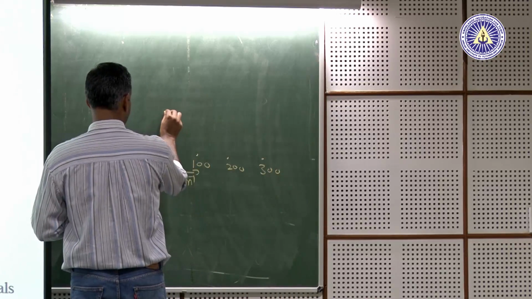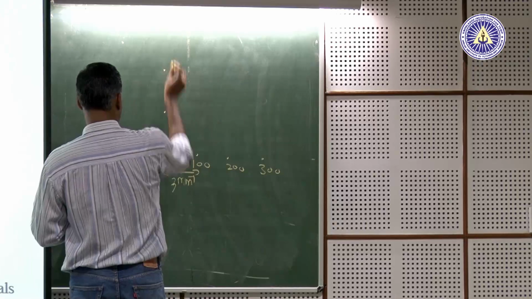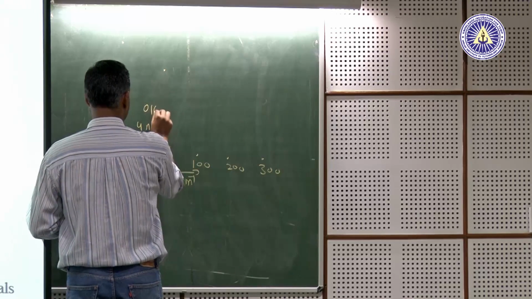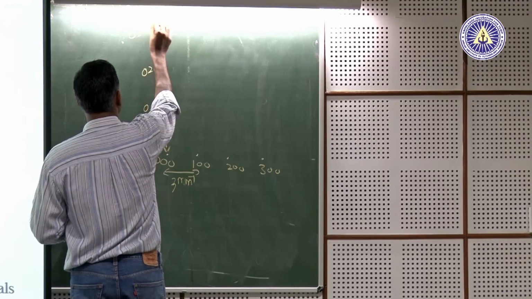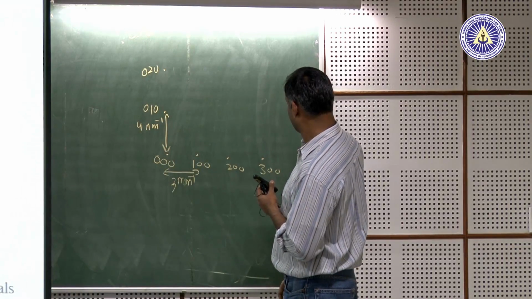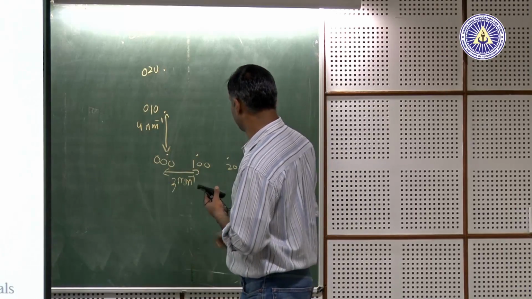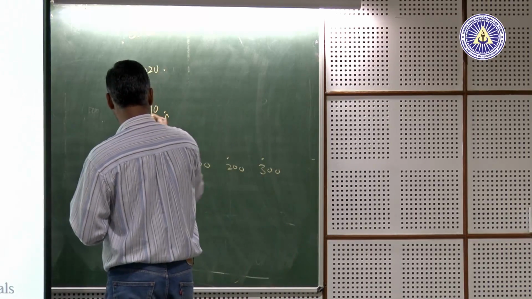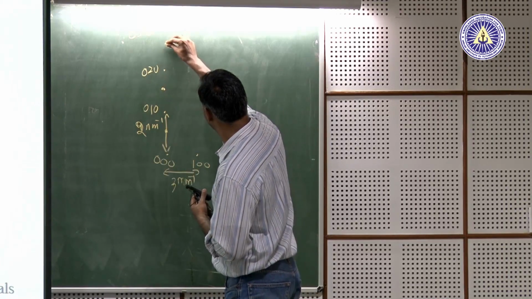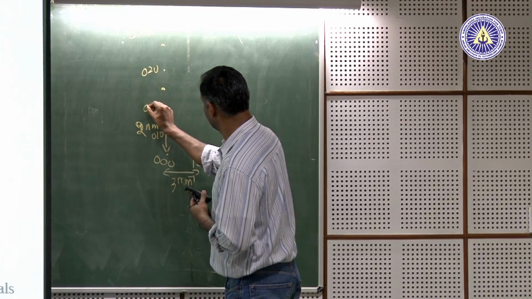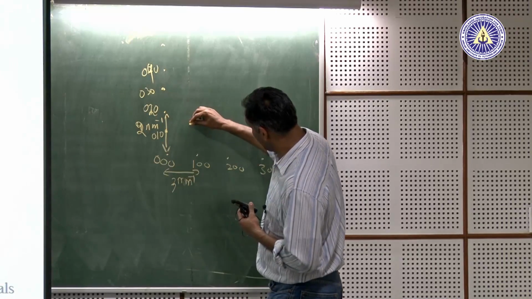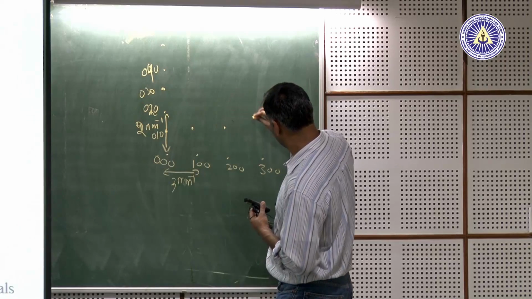You take another one here, which is 010, 020 and 030. Oh, one is 2 nanometer, so let me invert it. Anyway, it doesn't matter, it's 2 nanometer. So this is 010, this is 020, this is 030, this is 040, and so on and so forth. And I build the lattice. This is the next point.